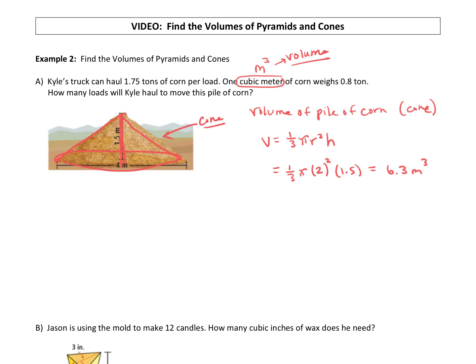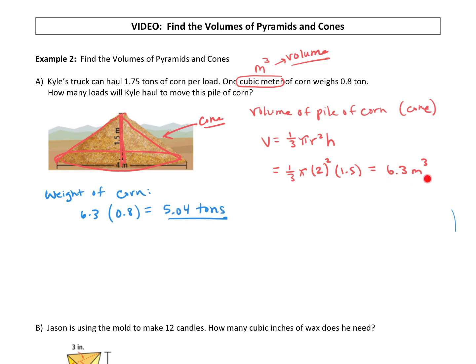So we're going to find the weight of the corn by multiplying the total volume, 6.3, times 0.8, because each cubic meter weighs 0.8 tons. We multiply that together and we get 5.04 tons. That's how much this pile of corn weighs.